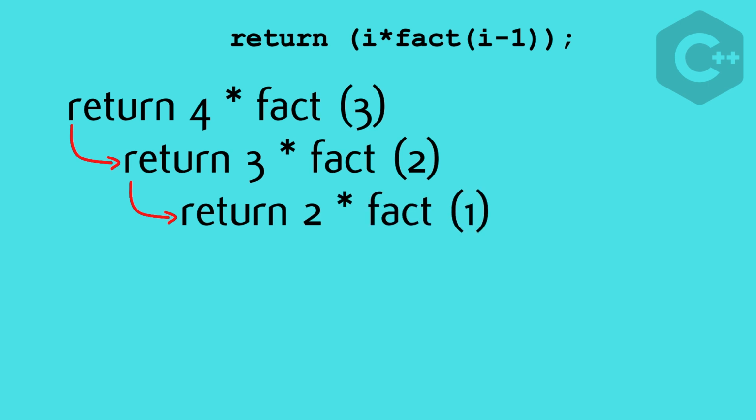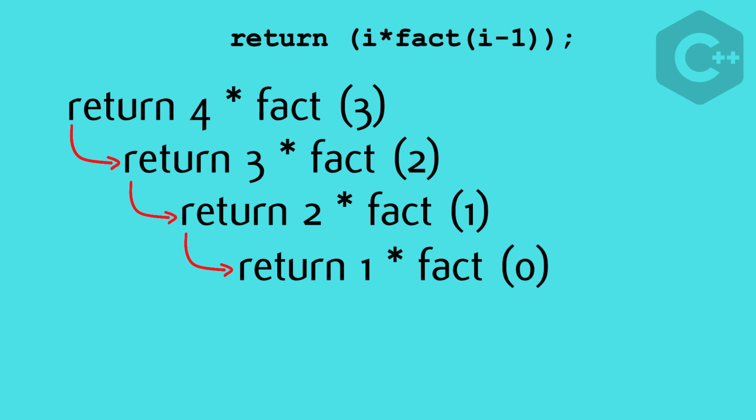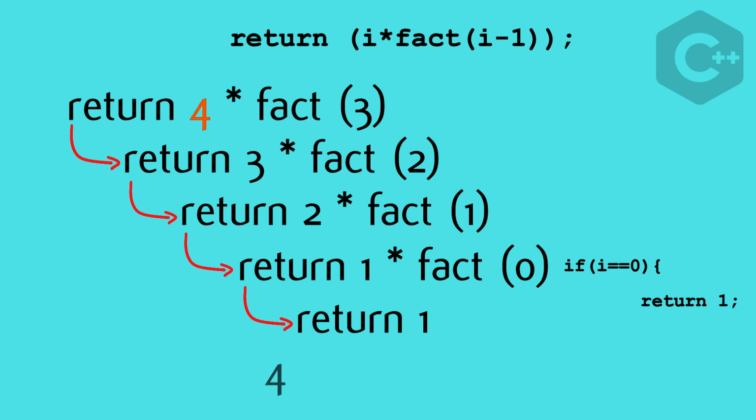And then once the fact of 1 is called, it will return 1 into fact of 0, and that's when the if condition comes in and it returns 1 once again, and that's how the multiplication order gets stacked in the compiler, that is 4 into 3 into 2 into 1 into 1.